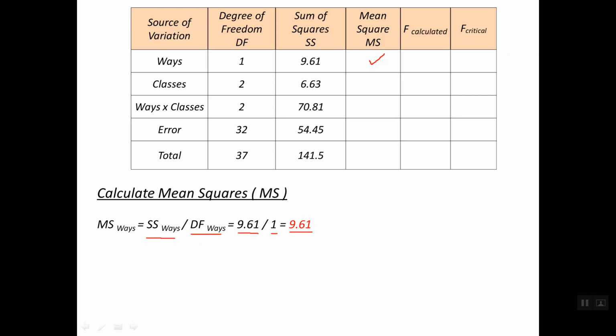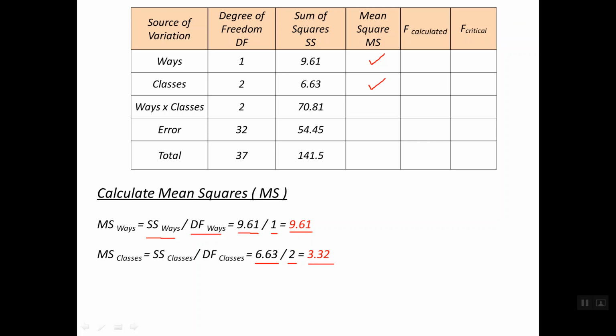The same technique we can proceed for the second factor, which is the classes. This is the value of the SS for the classes, and this is the degree of freedom for the classes, and this is the value of the MS. So this is how to calculate the MS for the classes.